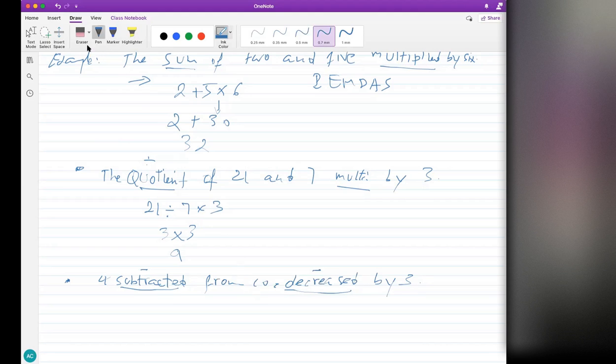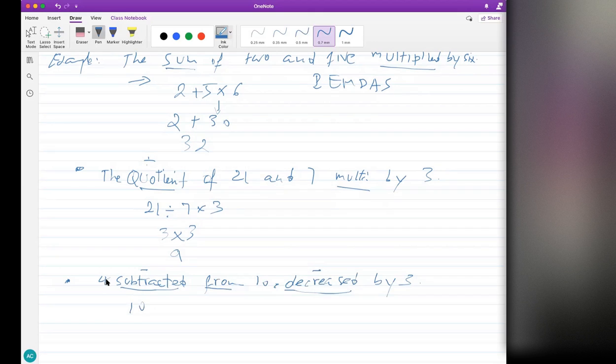We rewrite this. And how do you translate? Be careful with the first part. 4 subtracted from 10. How do you write it? 10 goes first. Exactly. It's not 4 minus 10. It's the from that goes first. So whenever you see subtracted from, the from goes first.